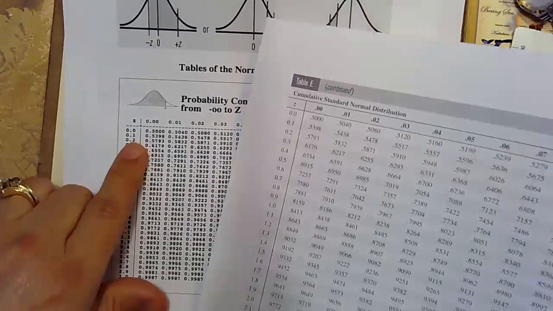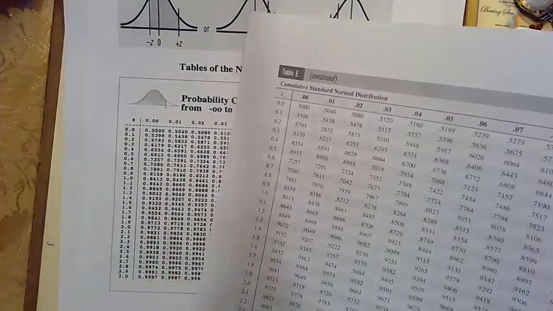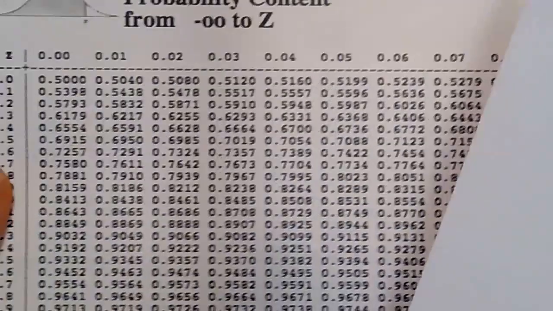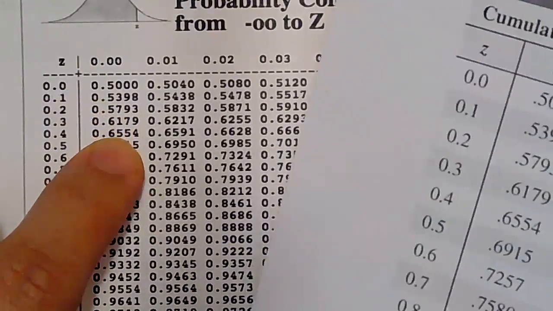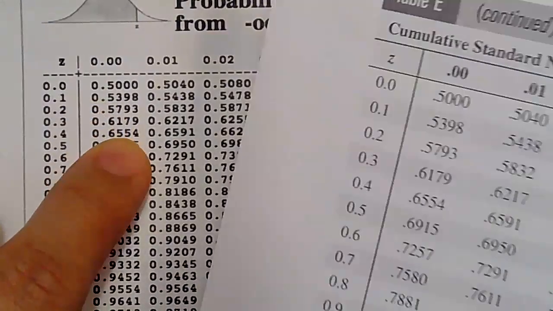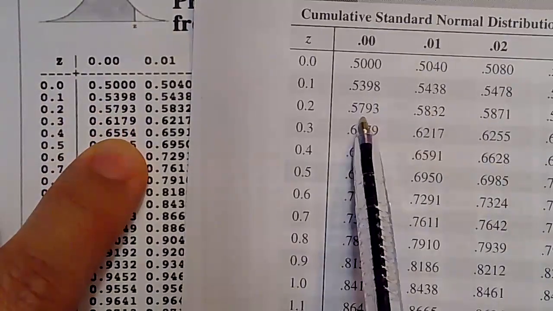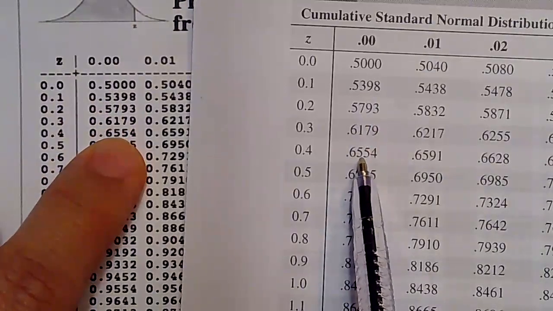Like if I go down 5, 1, 2, 3, 4, 5, see 6554. Then I go down here 5, see 6554. See how those are the same?